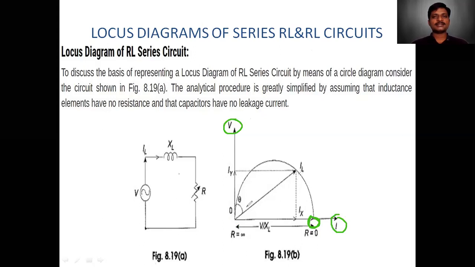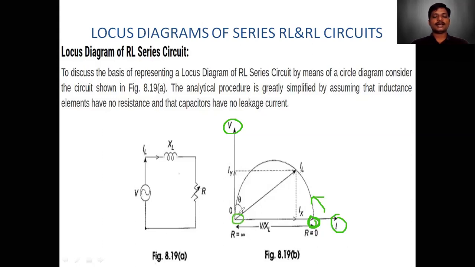We know that the resistance is variable. When you keep on changing the value of resistance from 0 to infinity, the angle between voltage and current will be gradually reduced until it reaches 0.